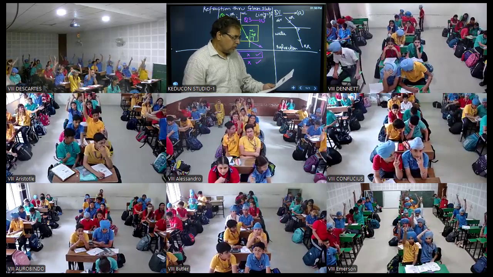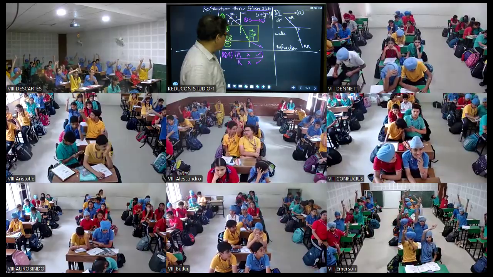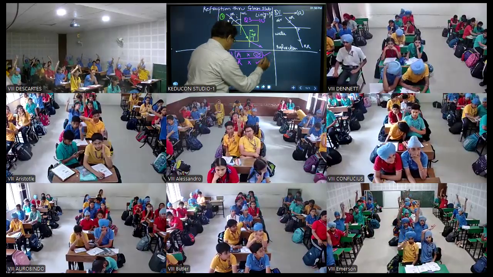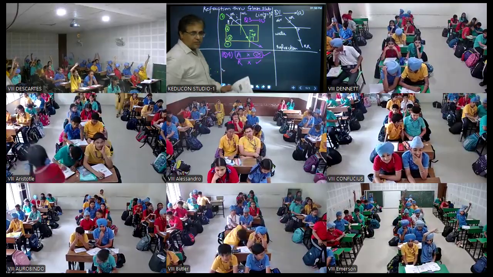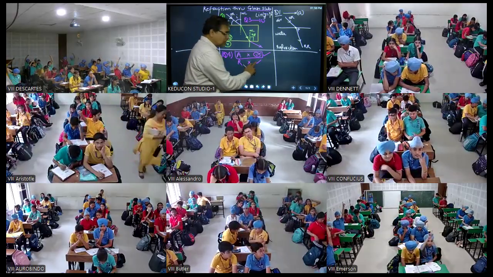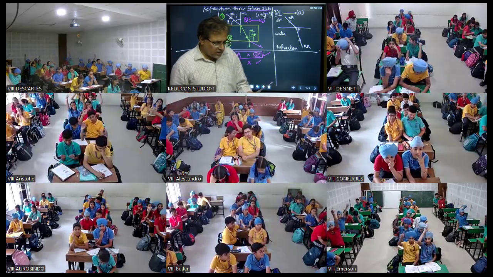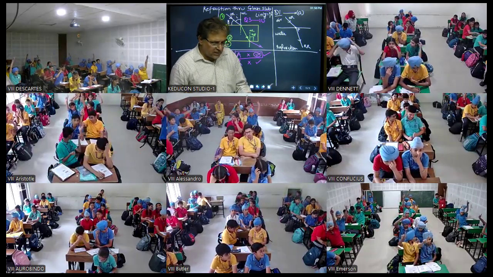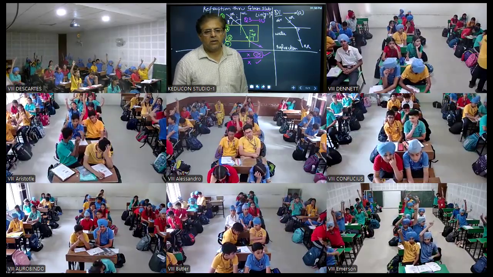Two fingers. When light enters from water to air, it slows down and bends away from the normal. Correct. Shabash. Assertion is right. Second, reason. If it is wrong, one finger. If it is correct, raise two fingers. What is your choice? Reason is saying refraction occurs because speed of light is greater in air than in water. Shabash.